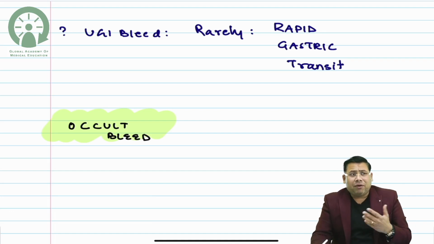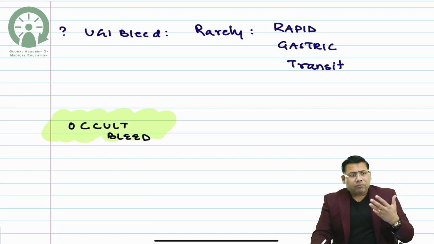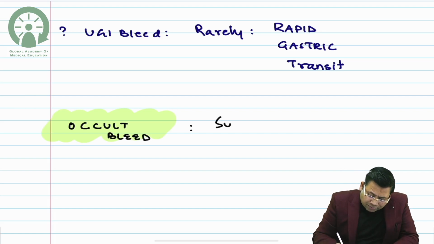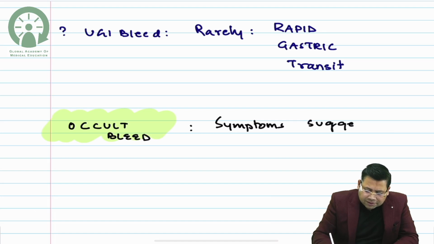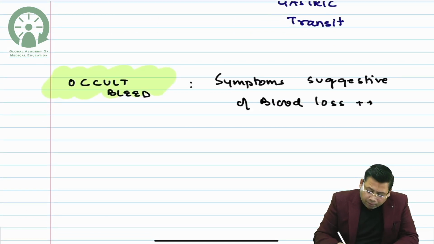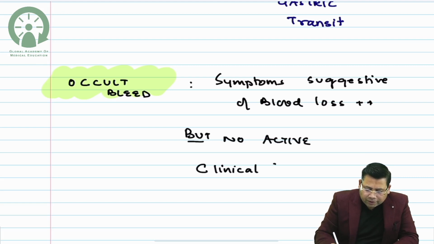And then you ask patient, did you have any episode of hematemesis? Patient says no. Then you ask patient, did you have any black tarry stools? Patient says no. Any fresh bleeding? No. So what is occult bleeding? The symptoms suggestive of blood loss are present, point number one, but no active clinical episode of bleeding.